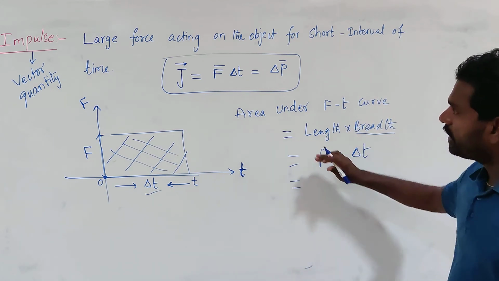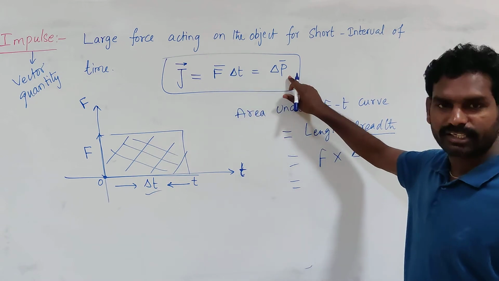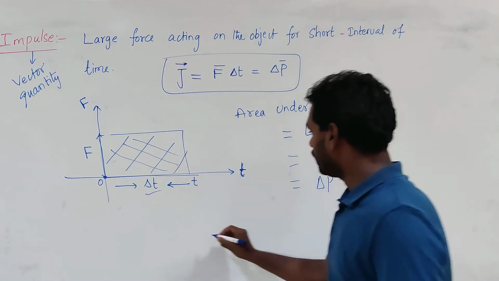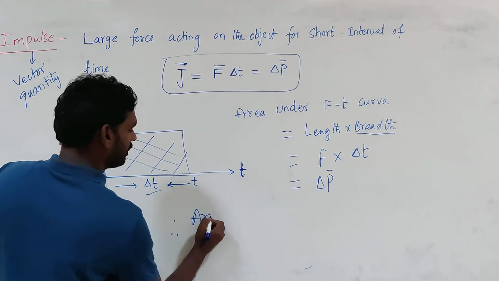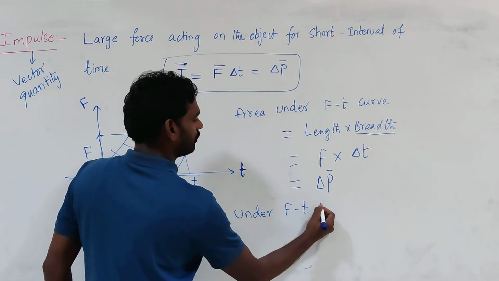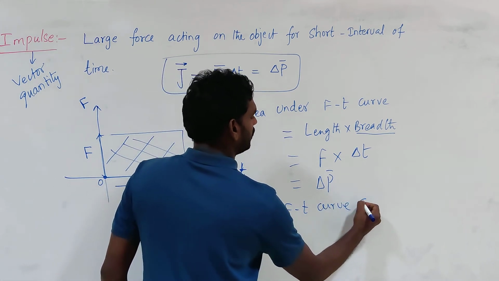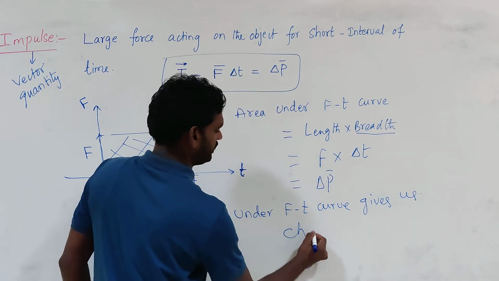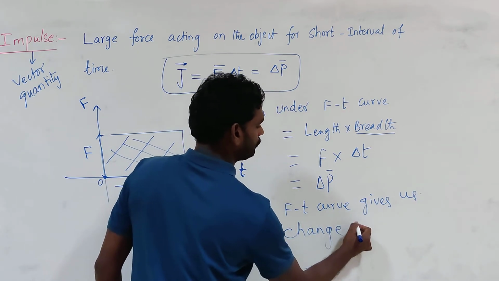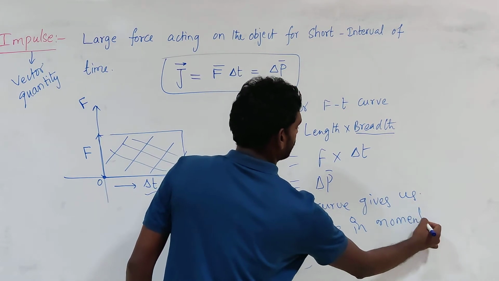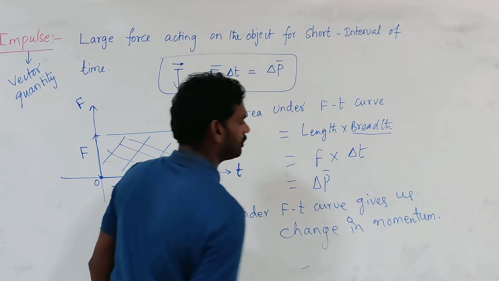F into delta t is simply delta p. Therefore, the area under the FT curve gives us the change in momentum of the object.